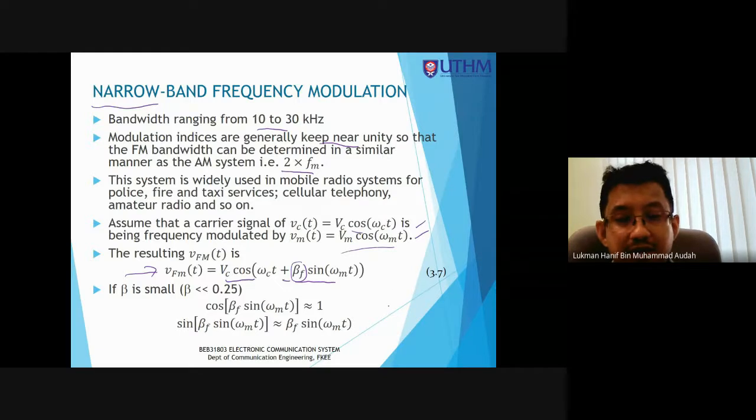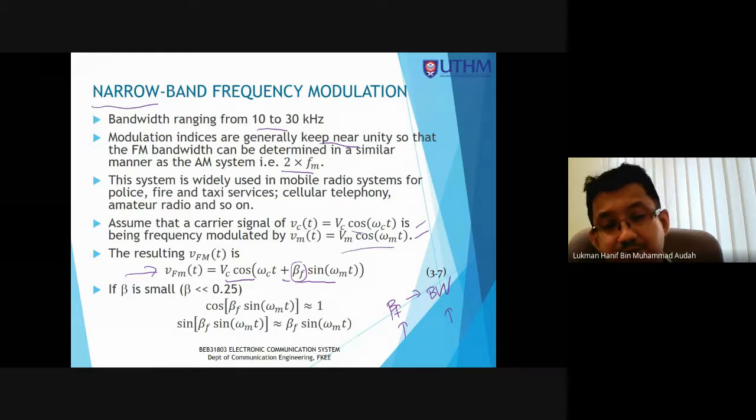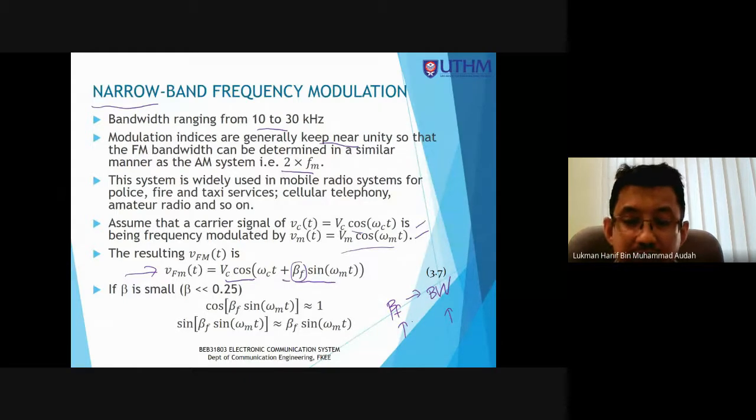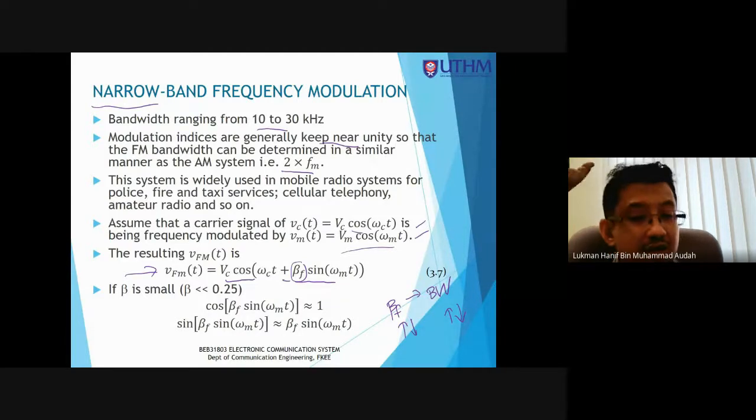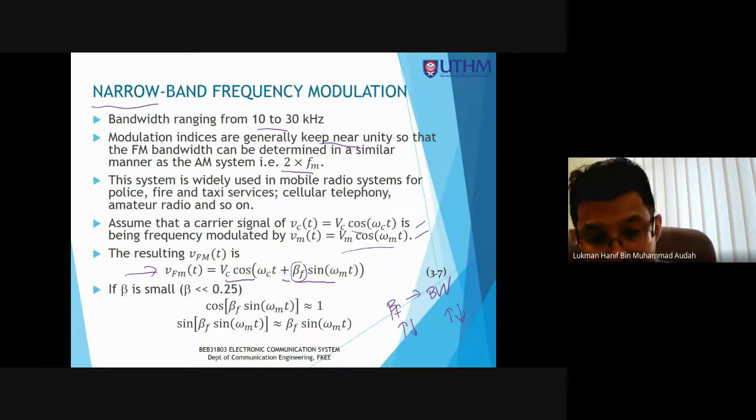Nanti you akan lihat bahawa nilai beta_f akan menentukan nilai bandwidth. Later you're going to see that the higher the beta_f, the higher would be the bandwidth. Nanti juga kamu akan lihat bahawa if the beta_f is smaller, the bandwidth would be smaller. So therefore, beta_f is proportional to the bandwidth.